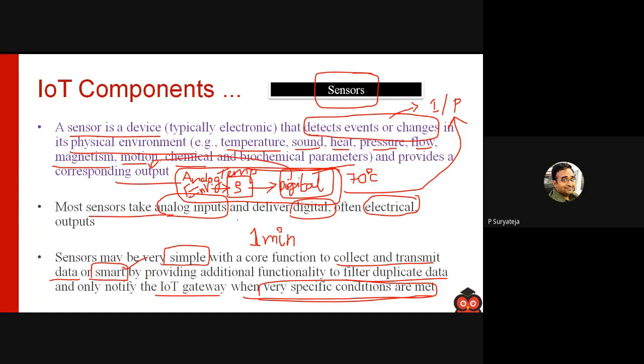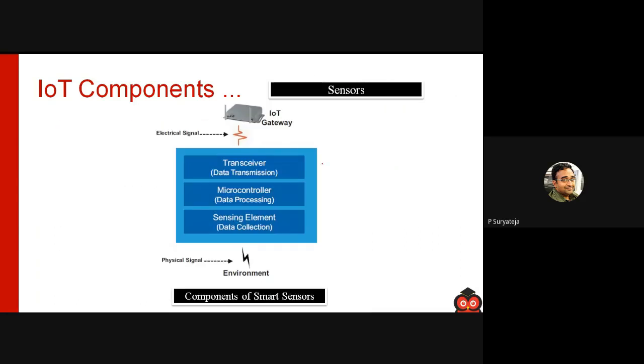Okay, let's move on. So this is the typical structure of a sensor. What are the different things inside a sensor? So this is the sensor. The sensor can sense the environment.